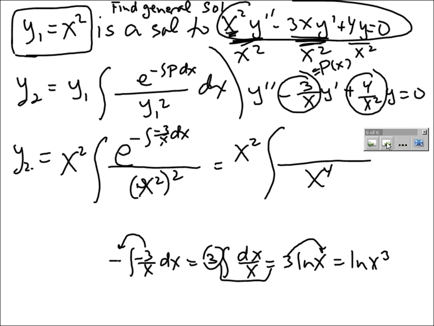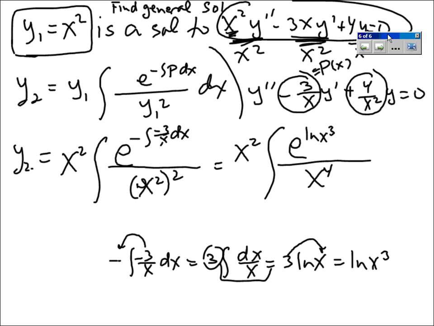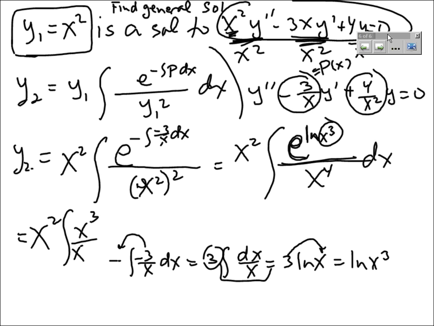So I have e to the ln of x cubed over x to the 4th dx, with x squared in front. Now remember, e to the ln of anything is the anything.